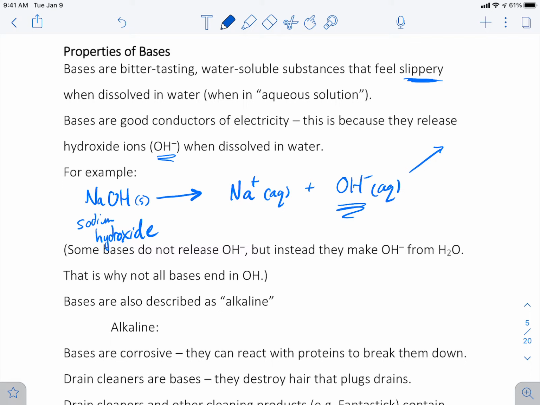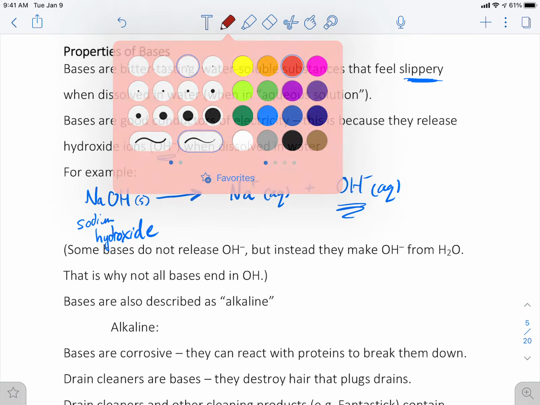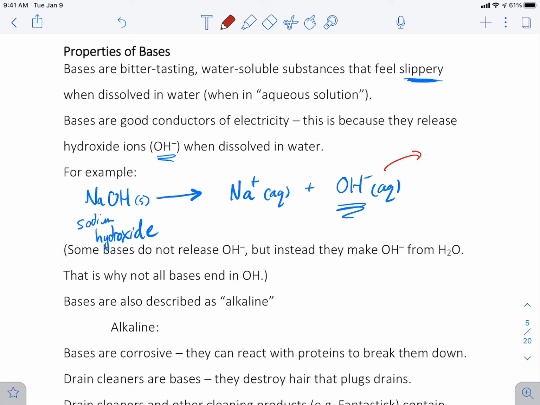So maybe I'm going to switch colors here just one second. So hydroxide ions are particularly reactive ions, especially with H plus.